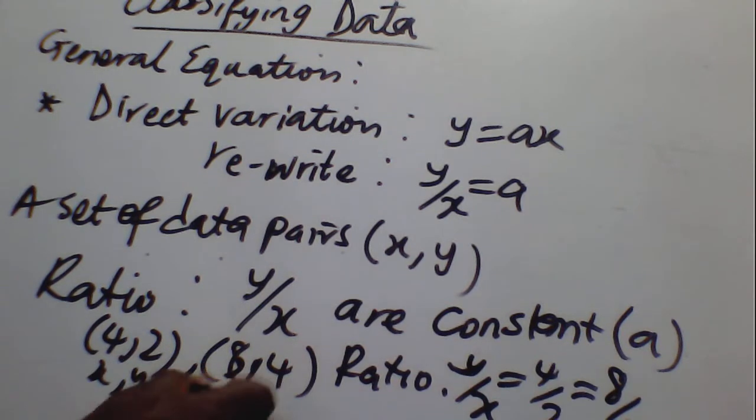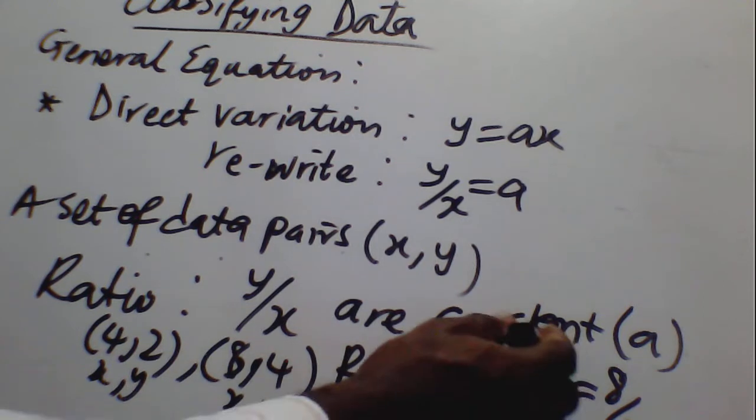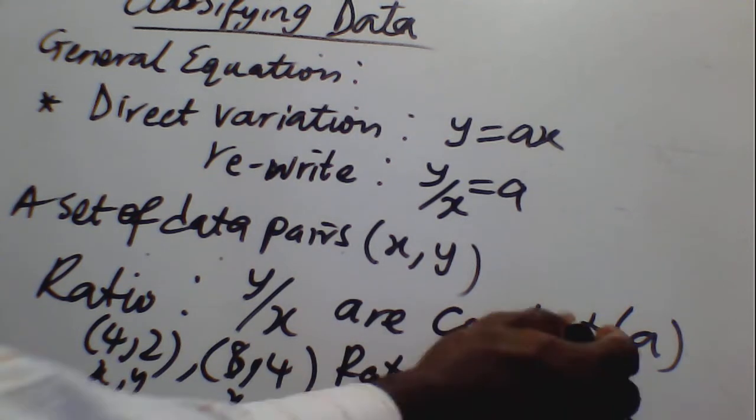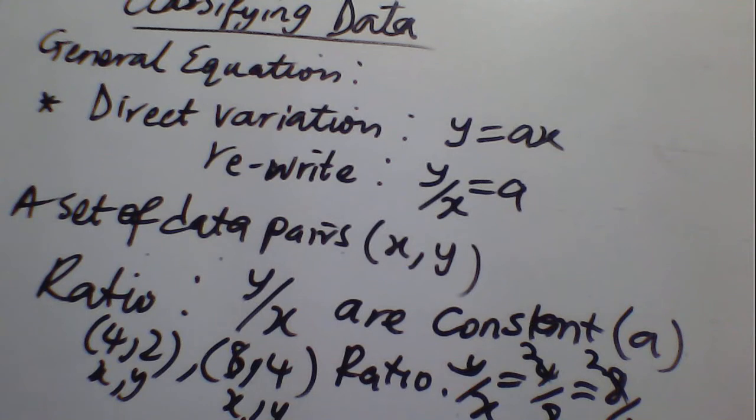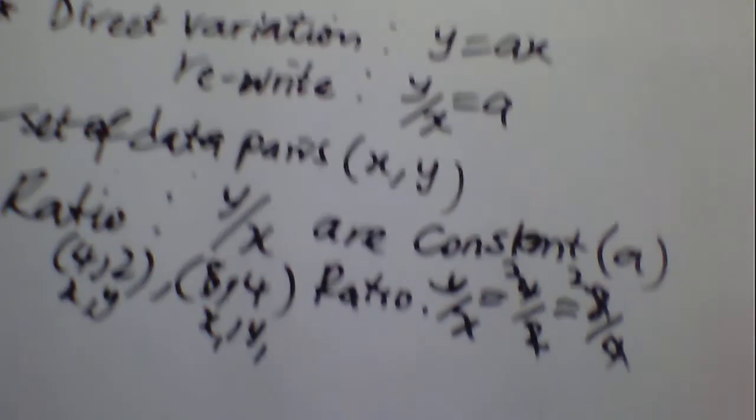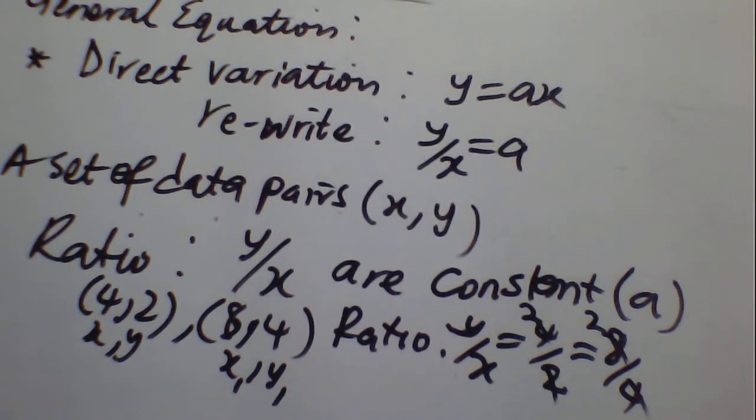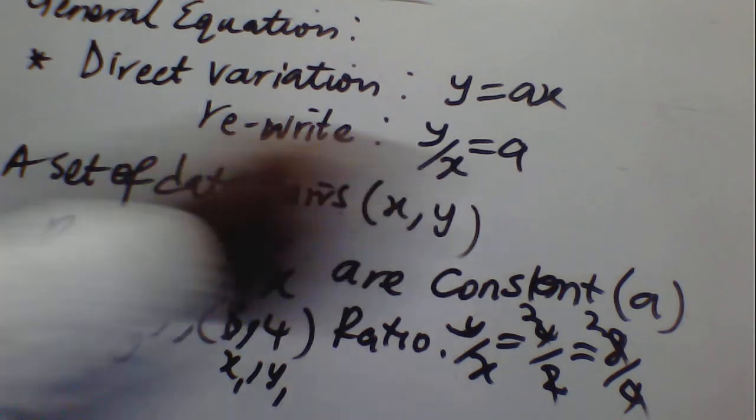You know the ratio is constant. 4 divided by 2 will give us 2. 8 divided by 4 will give us 2. So in this case, we say that the ratio is what? Constant. So a set of data pairs xy shows direct variation when the ratio y over x is constant. I hope you are following.